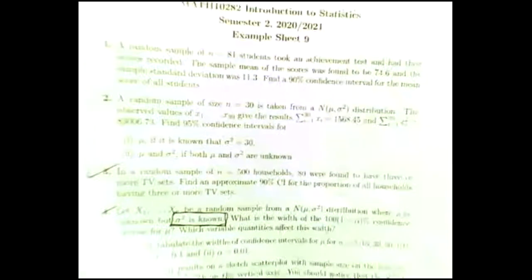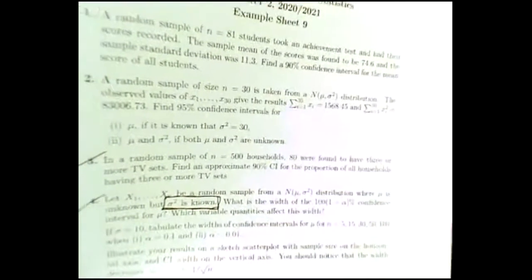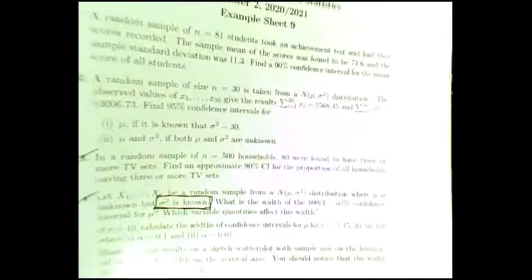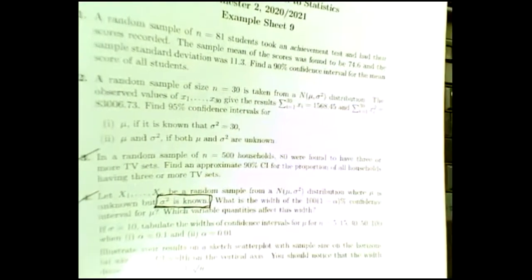I will post the solutions to the first 2 questions and all 7 questions on the course website on Thursday of this week. There will be 3 types of solutions: the typed solutions, the handwritten solutions, and also a detailed video solution for all 7 questions. You will see them on the course website on Thursday of this week.